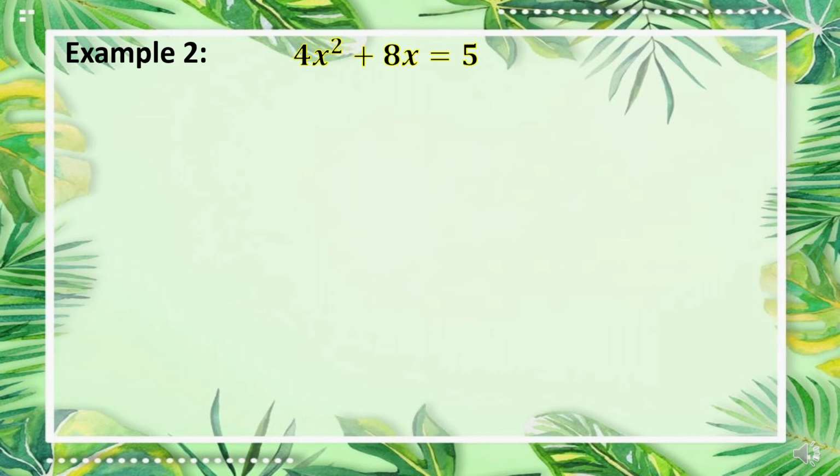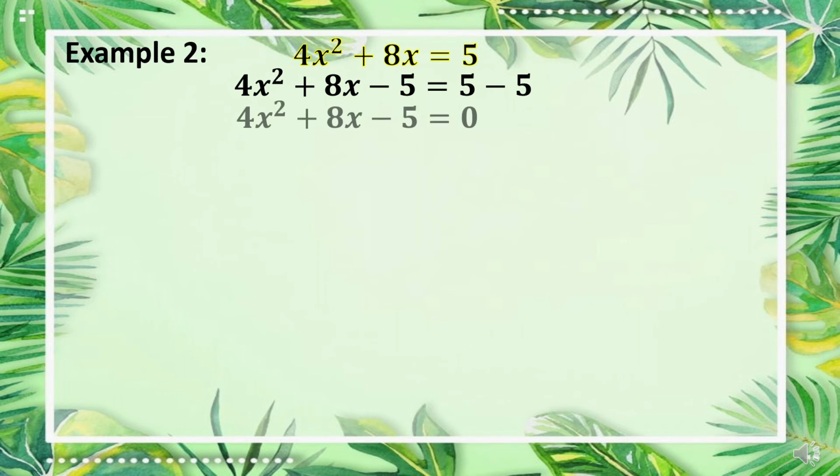By APE, we will move 5 to the other side, and that will be negative 5. Now, it is already in standard form. So what are the values of a, b, and c? a is 4, b is 8, and c is negative 5.